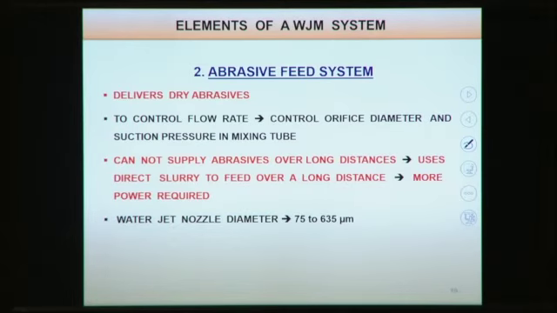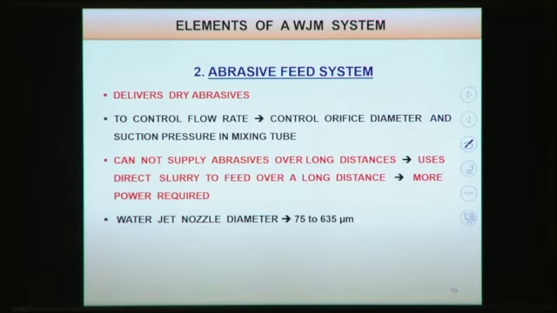You cannot supply abrasive over a long distance. In this process you are supplying dry abrasive particles from the side of the nozzle, and from the center you are delivering the high pressurized, high velocity water jet. So by this process you cannot supply abrasive over a very long distance.